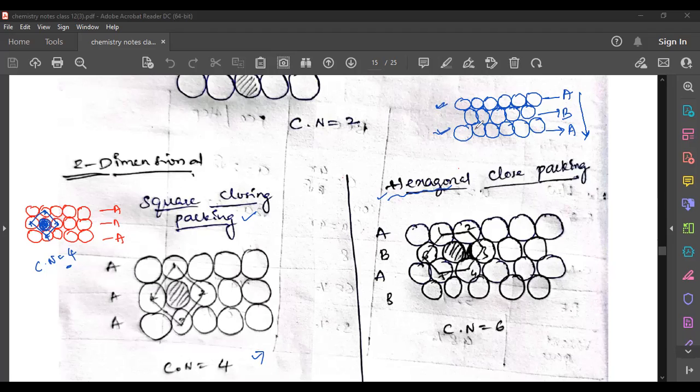Again, the third row is placed in the depression of the second row, so that the first row and the third row are aligned in the same way. So this type of pattern is called an AB type of pattern or hexagonal close packing. Clear?